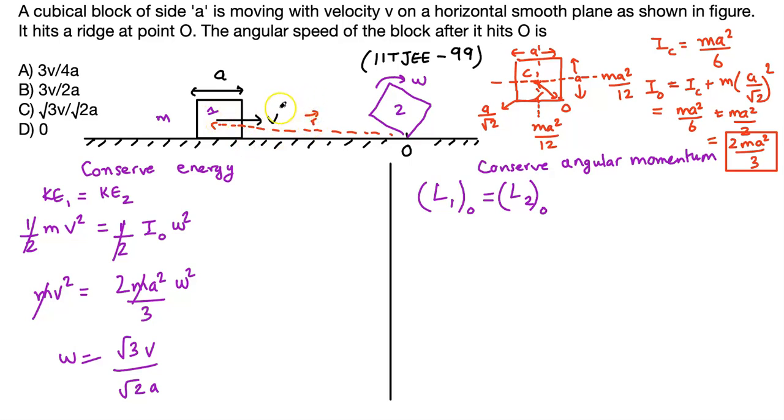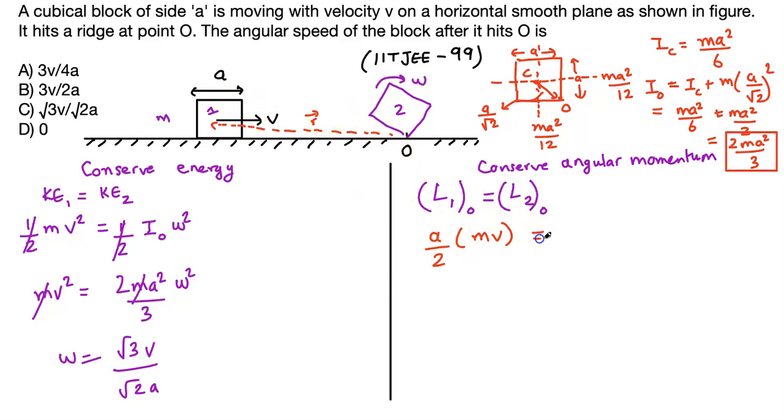R cross V. So effectively, when you take the cross product, only this component would contribute, right? And this distance is a by 2. So a by 2 times the linear momentum, which is nothing but mv. Hopefully this step is clear.